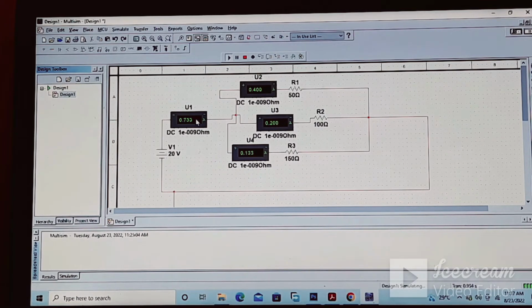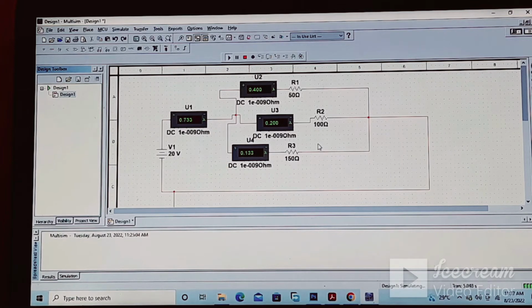This total current you can easily find out by measuring with the ammeter which we have connected in series across this whole circuit, and this is the 0.4 ampere current flowing through the R1 resistor, 0.2 ampere flowing through the R2 resistor, and this is the 0.133 ampere current flowing through the R3 150 ohm resistor.